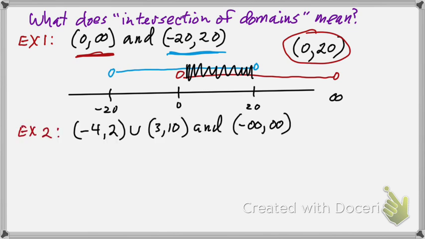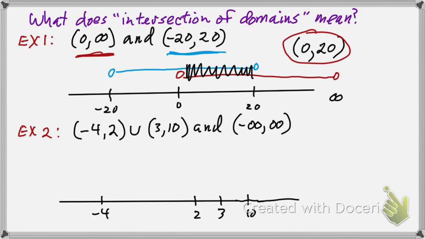Let's do another one. Okay, so I'll draw my number line again. I'm seeing -4, 2, 3, didn't make it long enough here, 10, positive infinity, negative infinity. So I'm seeing all of those values here.